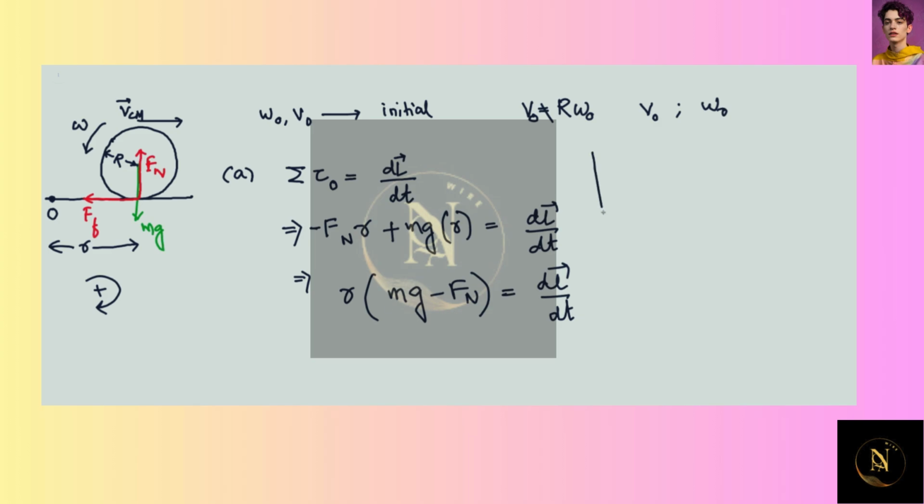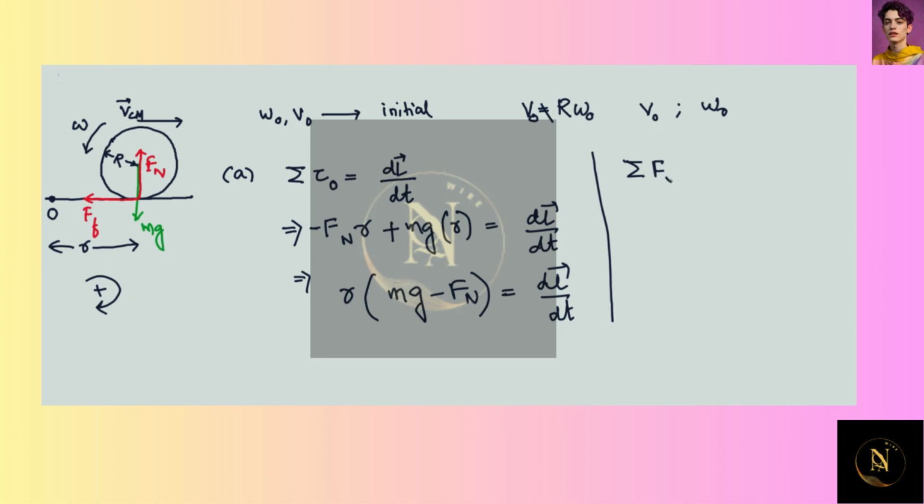Now if you write Newton's second law for equilibrium, there is no acceleration of the ball in the vertical direction. Therefore, we can say that the ball is in equilibrium in the vertical direction. It's moving to the right, so it's moving horizontally, but vertically there is no acceleration.